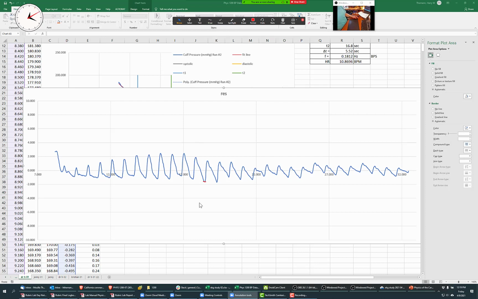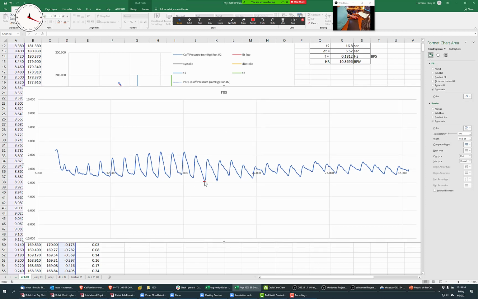So here's a cool feature. I can put the, let's move that a little bit. I can put my cursor here, and you see how 18.46 appears? That's the time coordinate there.